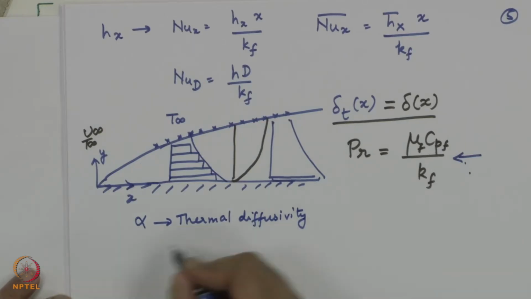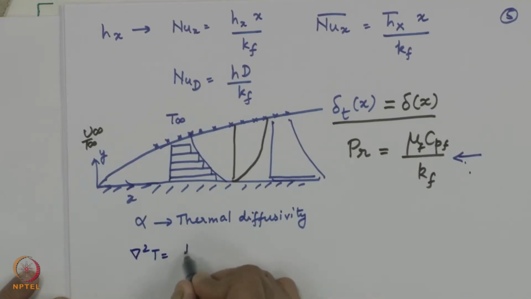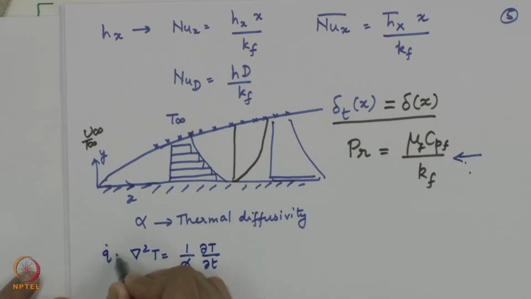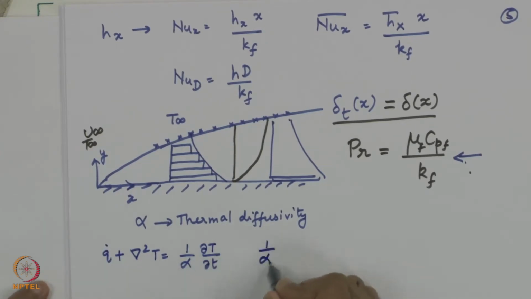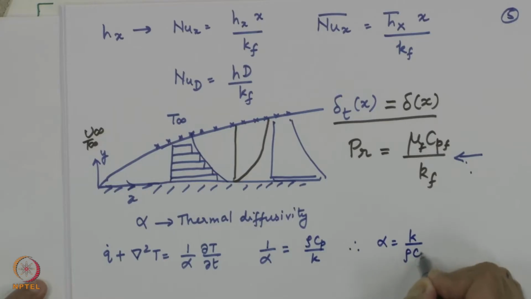Remember we have del square T is equal to 1 over alpha dT by dt plus q dot, this was your conduction equation, and 1 over alpha is nothing but rho Cp over K. Therefore, alpha is equal to K over rho Cp.